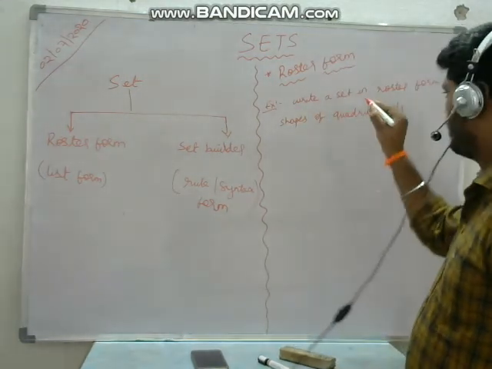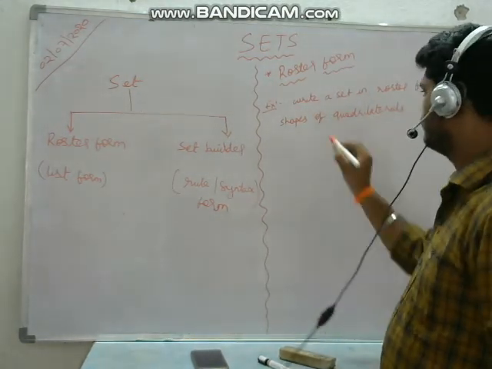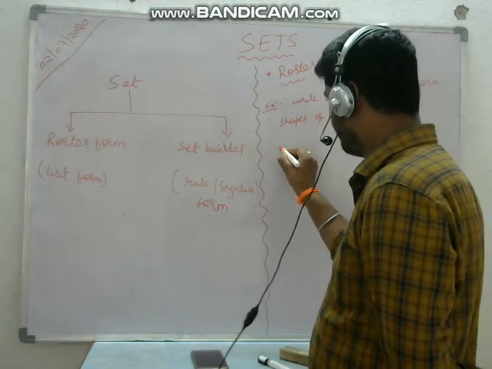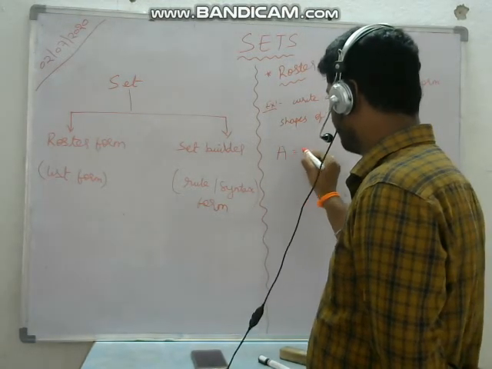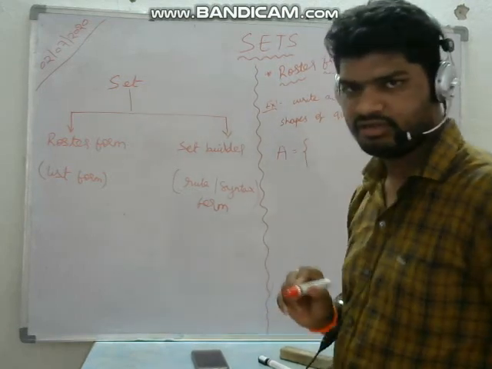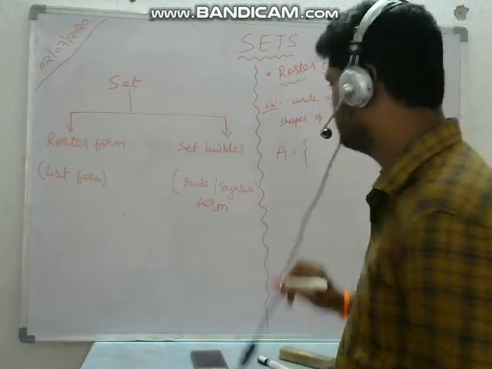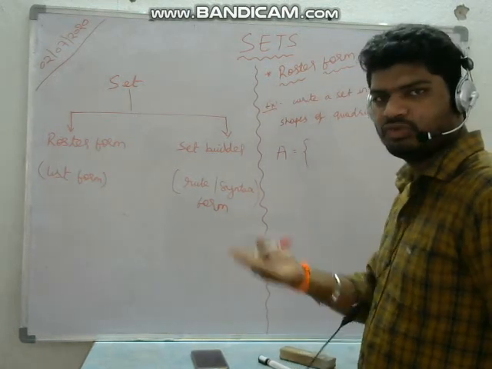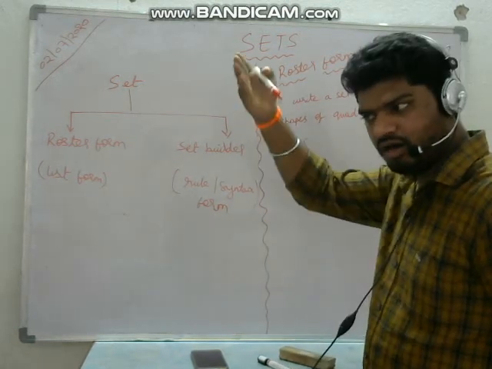What I written? Write a set in roster form. What is that? Shapes of quadrilaterals. So set means definitely it needs to be taken as capital letter. I have taken flower bracket because elements of a set should be written in flower brackets. List means it should be in list form. List of students means what you will write? All the names you will write.